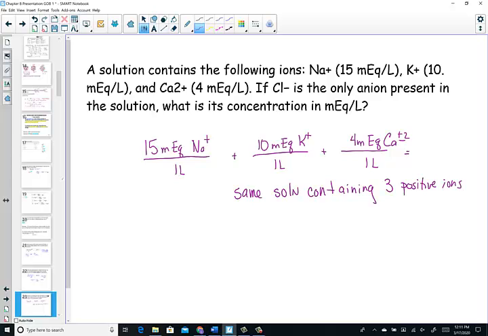So what is the sum? 15 plus 10 is 25, plus 4 more is 29 milliequivalents total in that liter of solution. The total positive is 29 milliequivalents. And if there's only one anion, it's chloride, it must balance all the positive charge.